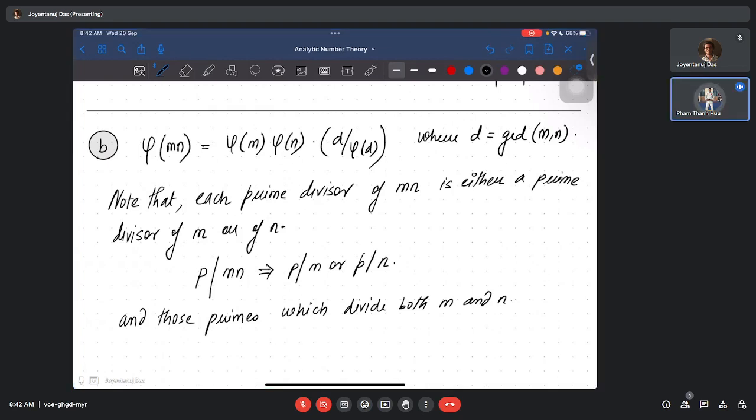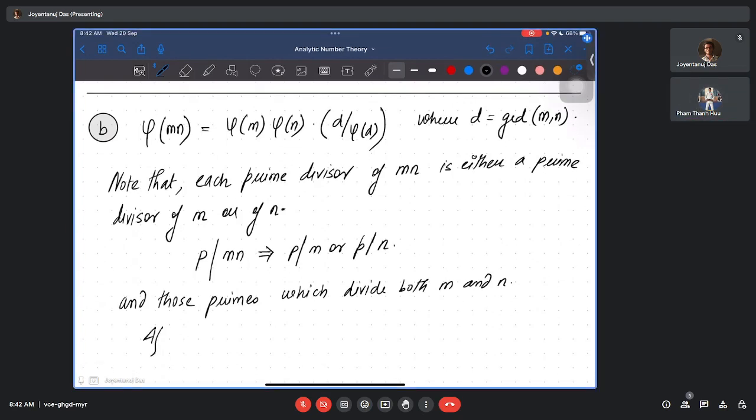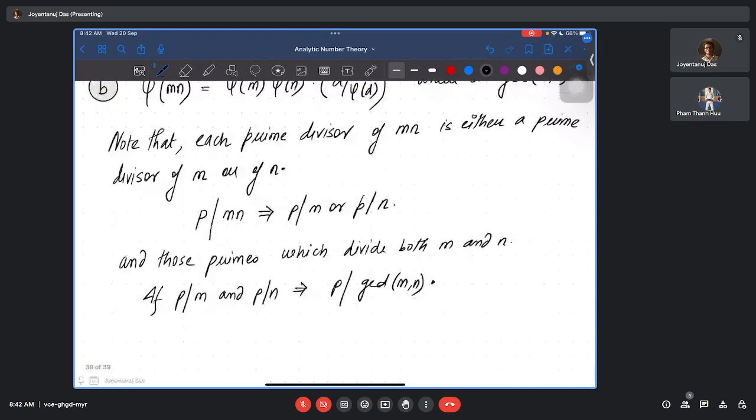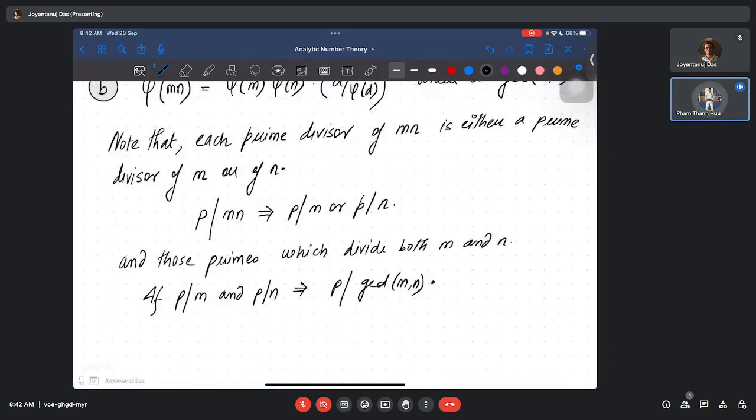If p divides m and p divides n, then p divides the GCD, right?